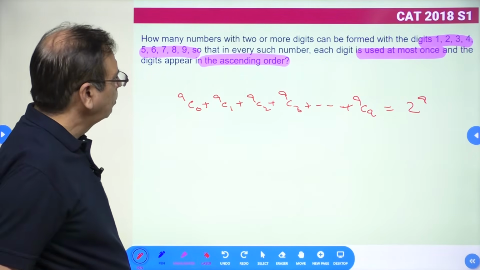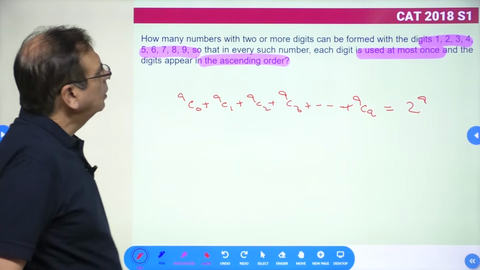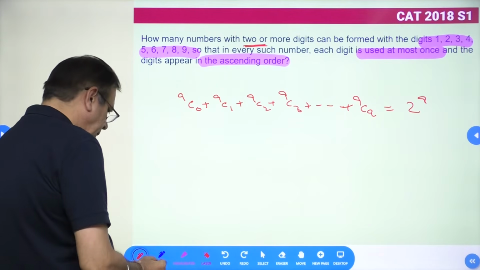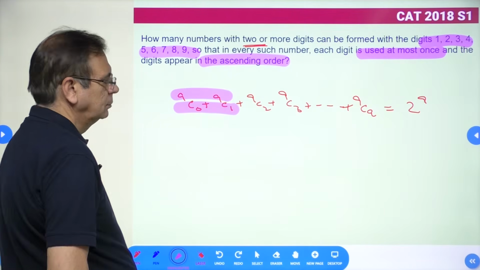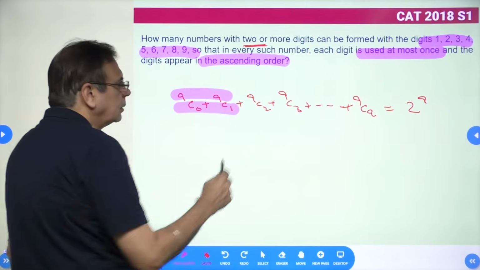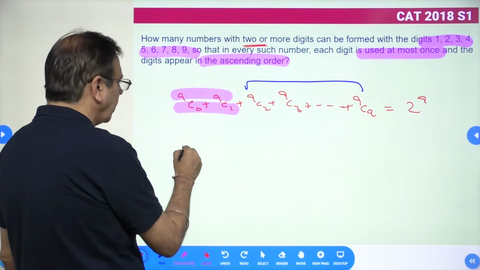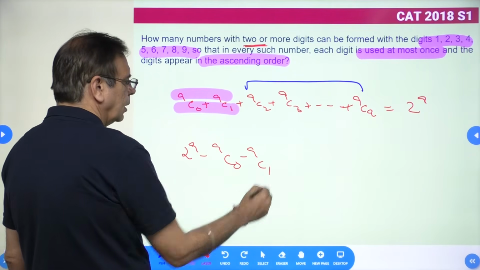Now, what does this mean? What I want is digits to be minimum 2. If you are looking at minimum 2 digit numbers, that means these two are not relevant for me, and I have to look at only these. So what are these going to be equal to? This will be equal to 2 to power 9 minus 9C0 minus 9C1.